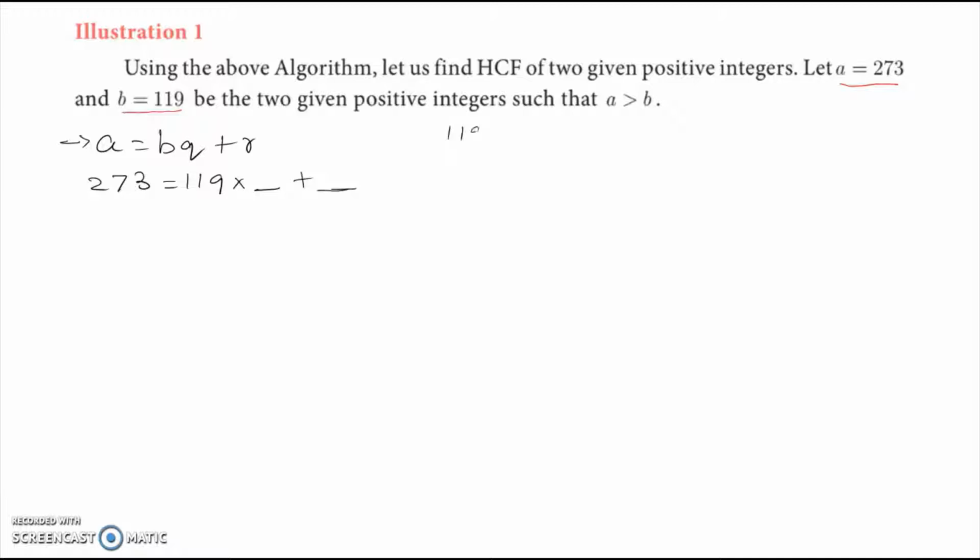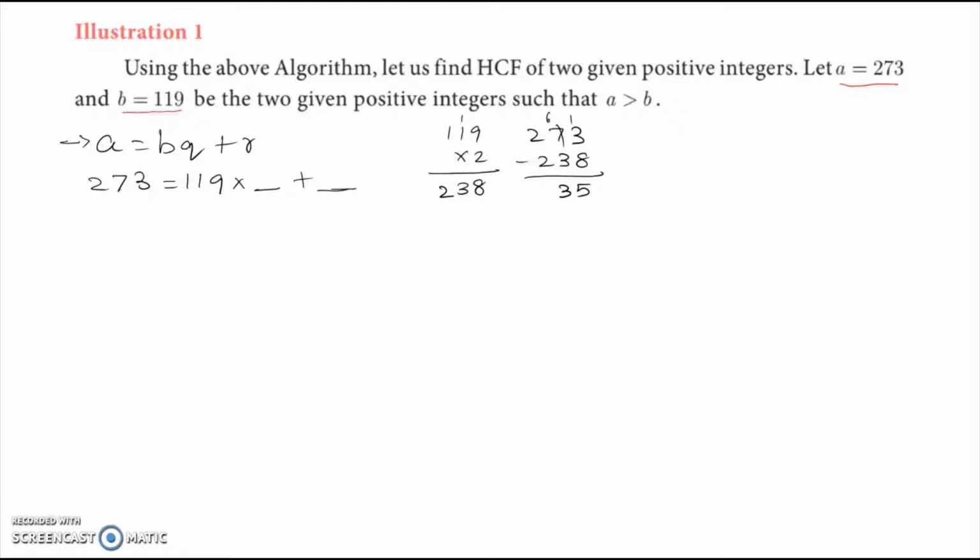So 119 times 2 will be 238. So subtracting 273 minus 238, you will get 35.